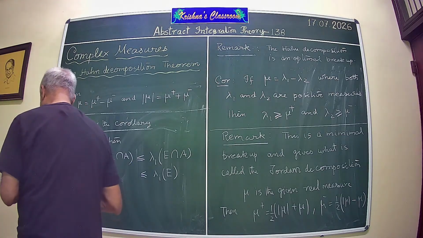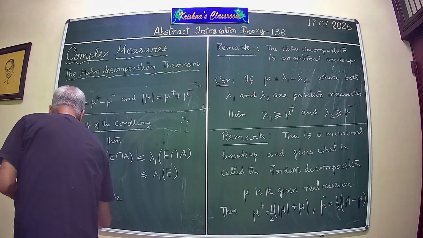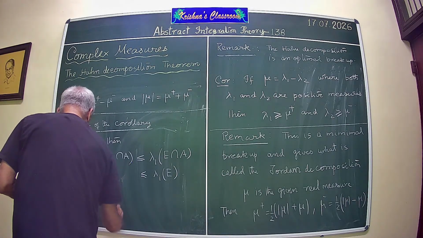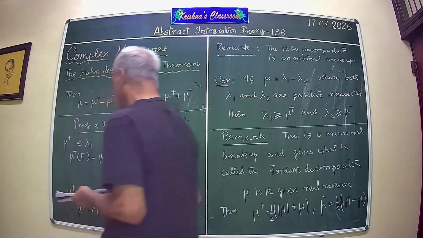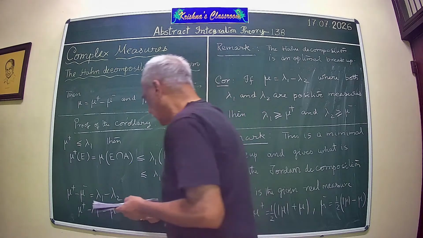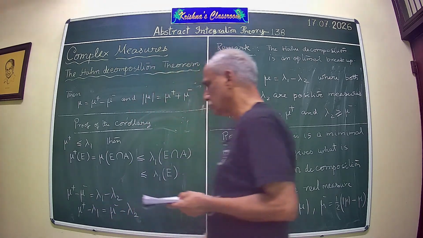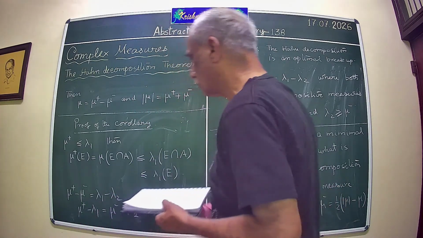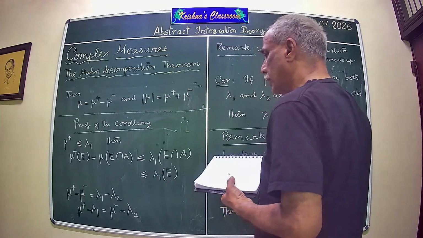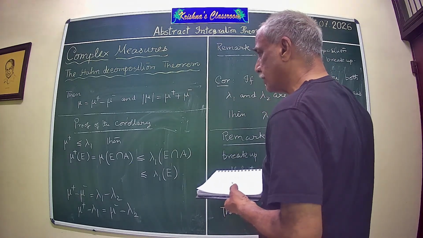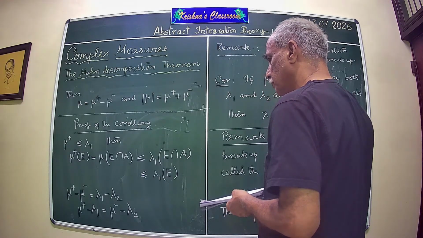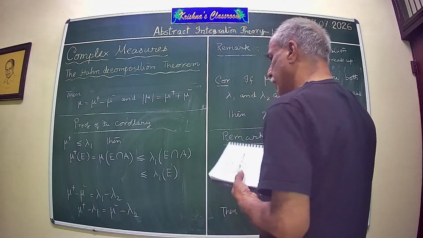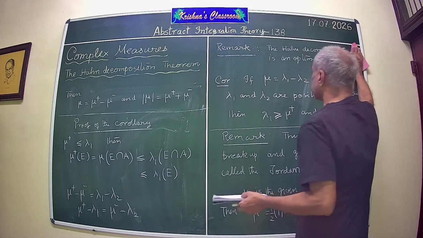This is given. Therefore, mu plus minus lambda 1 equal to mu minus minus lambda 2. So mu plus is less than or equal to lambda 1 means this is negative, so lambda 1 minus mu plus is positive.